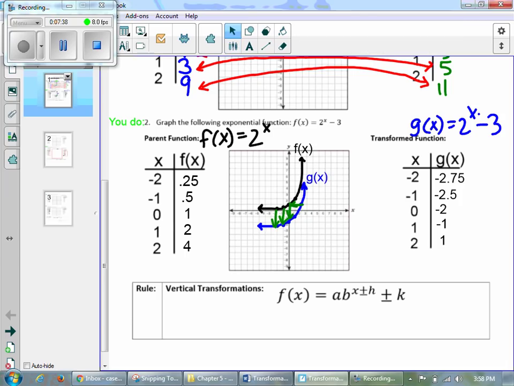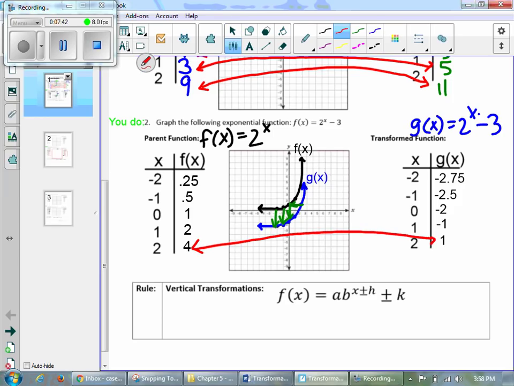What do you notice about your y values? What are the differences here? Are they consistent? I think so. What we can conclude is if there is a number in the back of your parent function, I tell students, on the very end, a plus or a minus, these numbers will shift or transform your graph vertically.